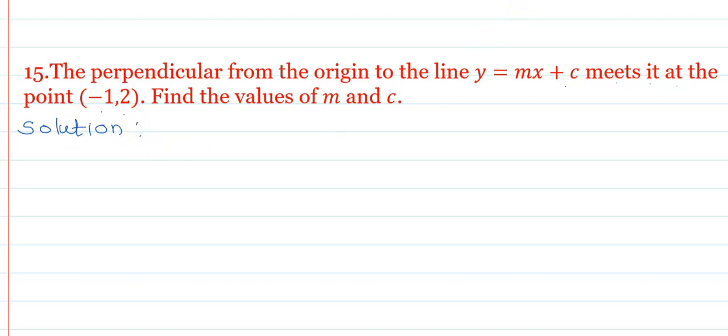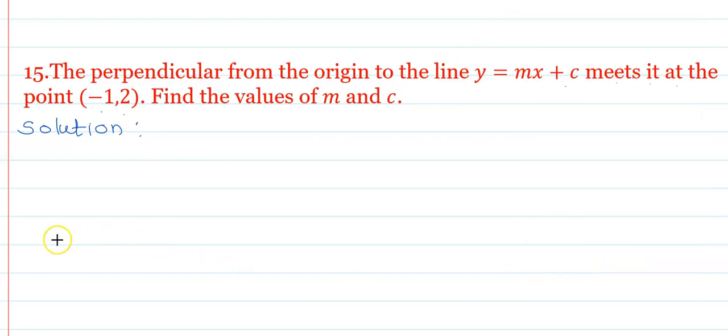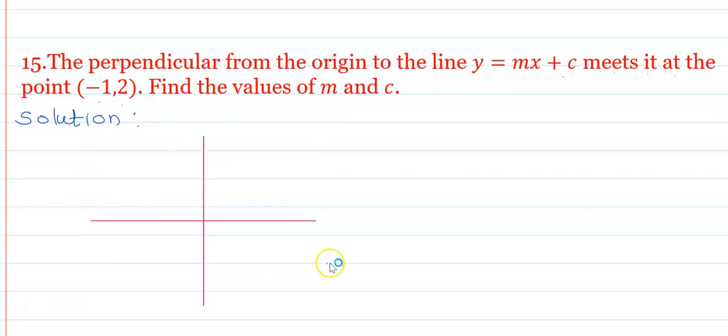Then what will the rough sketch of this problem? See this here. We have the x-axis, O is the origin, X'OX, and here the y-axis, Y'OY. Now the perpendicular drawn from the origin meets at the point minus 1, 2.